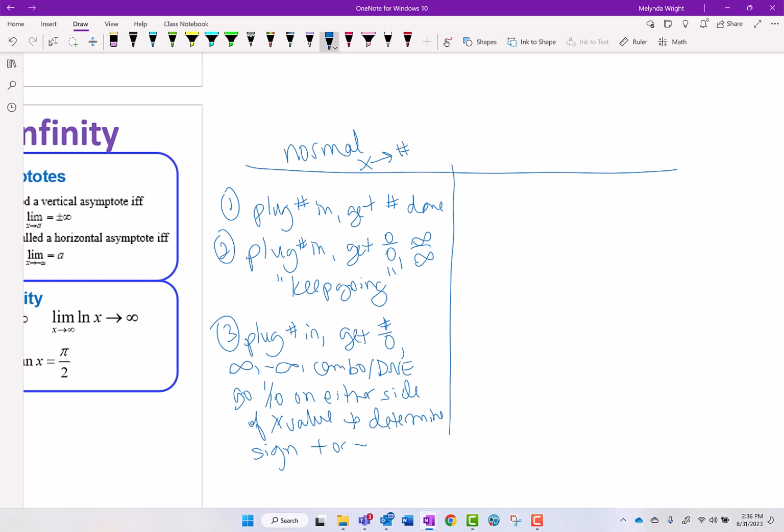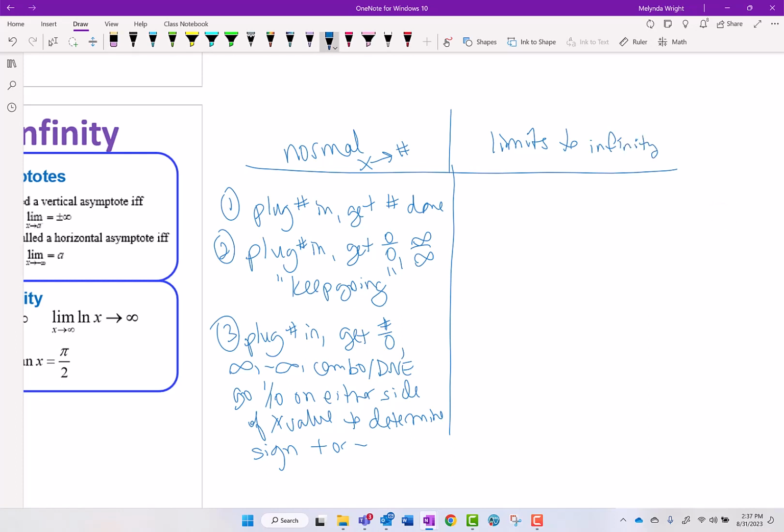Those are normal. When we do limits to infinity, we don't use these techniques. We don't use these normal techniques. We have different things to do, and that's what this lesson is about today. So I'm going to put over here, and as we start going through things, you can fill in this side. These are limits to infinity. These are different techniques. And I think that may be one reason why students get frustrated. I can't even spell infinity, sorry.